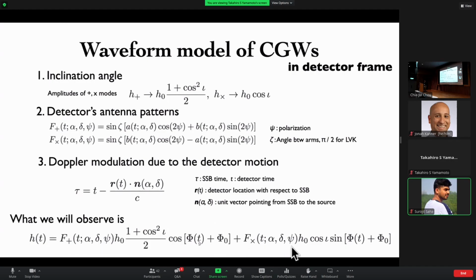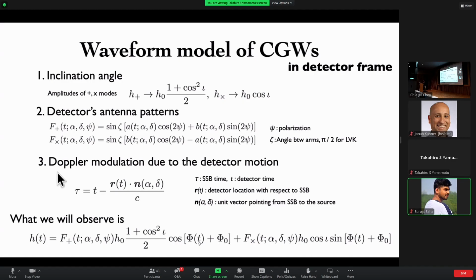So finally, we get the waveform model of the continuous waves which we will detect. These first two factors introduce the modulation in amplitude. But the last factor introduces modulation in frequency, and gravitational wave search with a well-modeled waveform requires very accurate modeling in frequency.